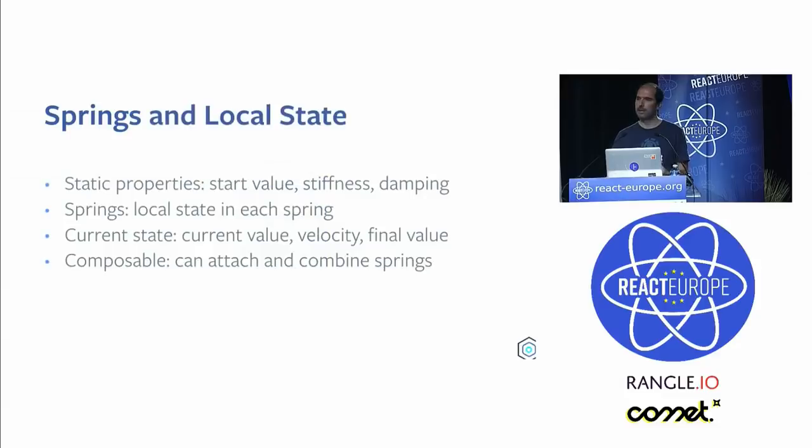So it has a few static properties. So you have the resting position, you have the stiffness, which tells you how hard it is to press it, damping, which determines how quickly it stops oscillating. But then there is also some local state, which at any given point, it tells you what is the current value of the spring, what is the velocity, and what is the destination.